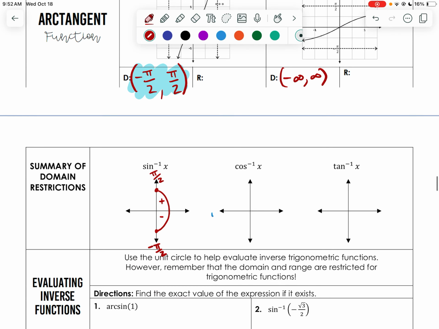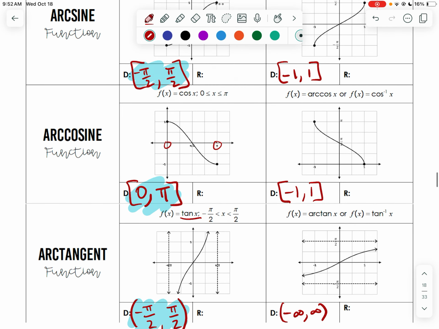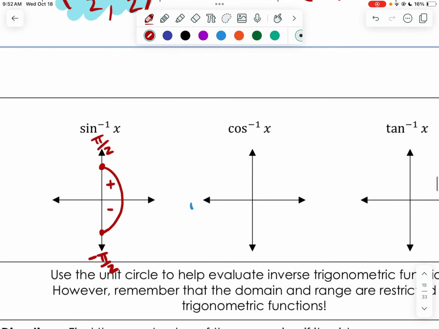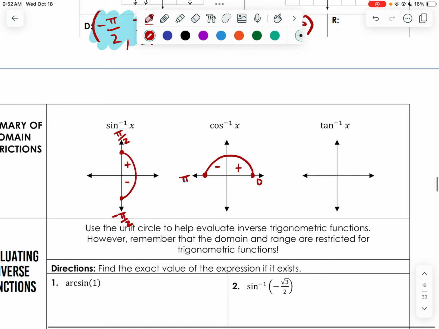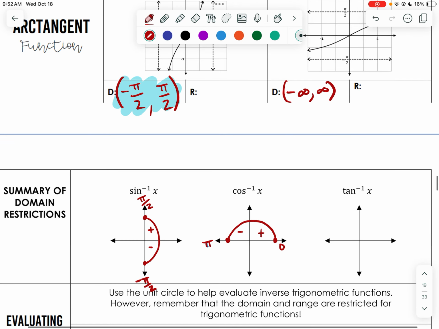Okay, cosine can only be restricted between 0 and pi. So thinking about the unit circle, here's 0, here's pi. So cosine can only happen in quadrants 1 or 2. So cosine, you're thinking x value. So here's positive x values, negative x values. Okay, and then tangent, that's actually the same as sine.